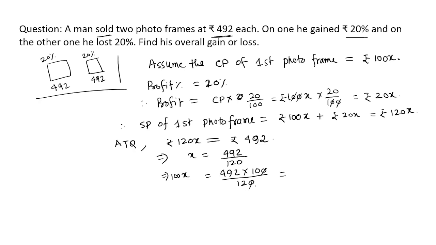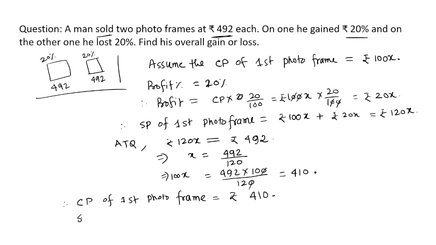So let me cancel by 12. So this is 4 1, 4 1. So the CP of the first photo frame equals rupees 410.